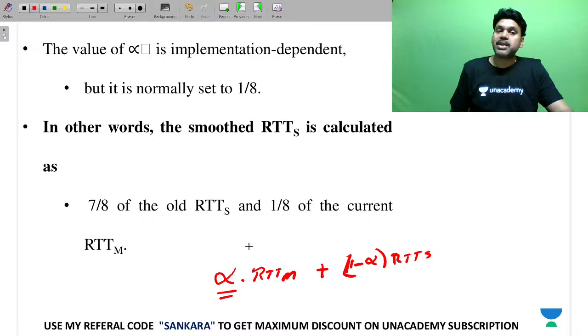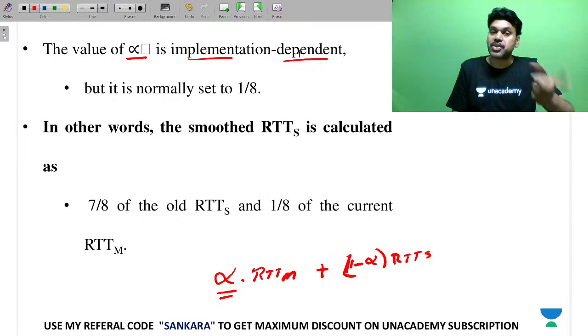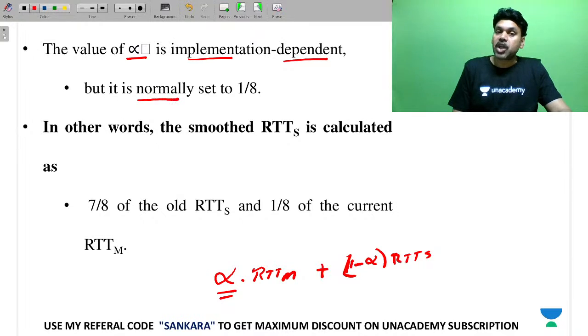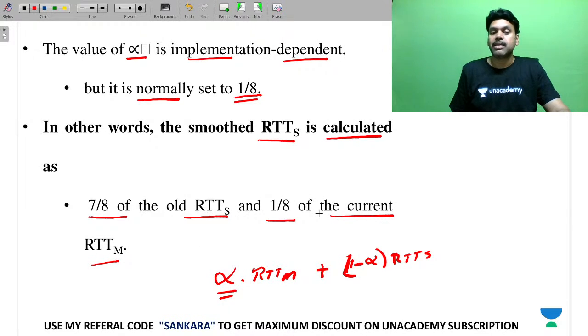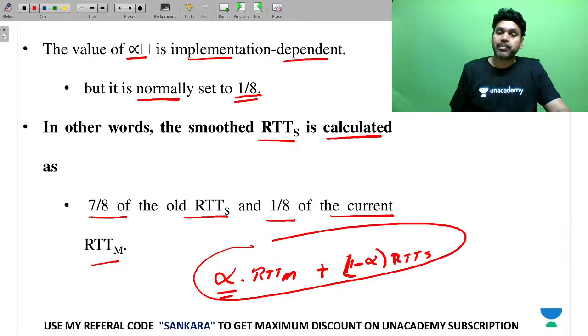Alpha implementation varies from machine to machine, but it is normally set to 1 by 8. In other words, the smoothed RTT is calculated as 7 by 8 of your old RTT and 1 by 8 of your current RTT. So use this equation and you are going to get a smoothed RTT.